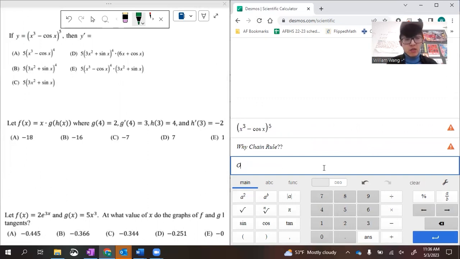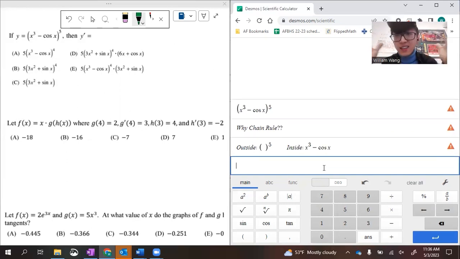Well, it's because I have an outside function where I'm putting it to the 5th power, and my inside function is x cubed minus cosine of x. You can clearly see something's on the outside, something's on the inside. It's not just two functions multiplied together, which would be product rule, or two functions divided, which would be quotient rule. There's one on the outside that encompasses the other one on the inside.